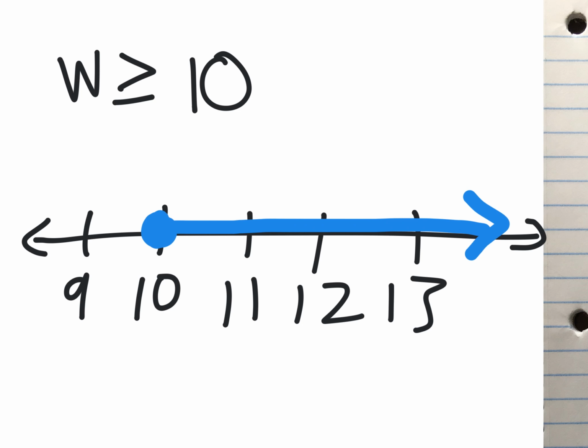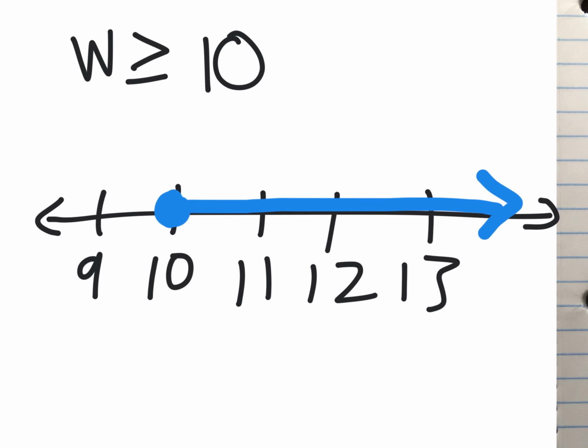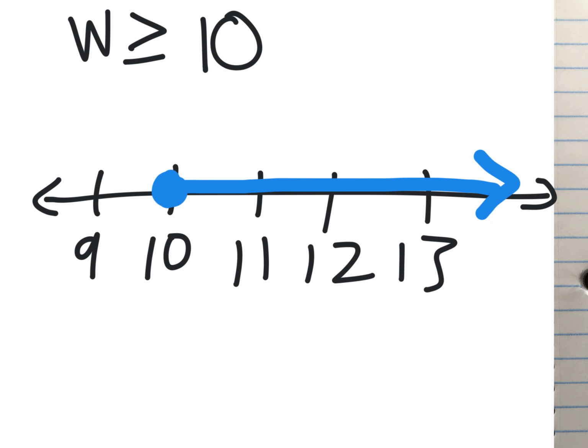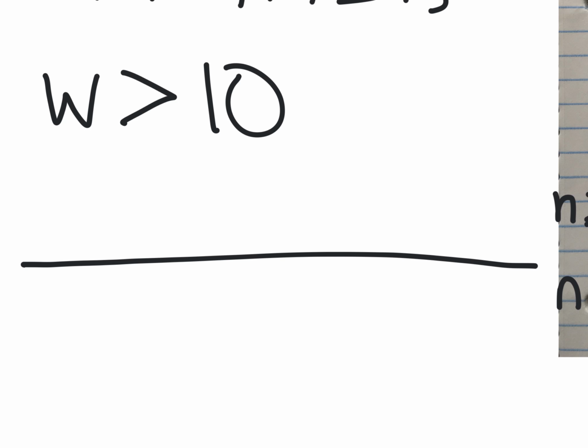Now, we have only done examples of full dots, so let me do one quick example of an empty dot. Let's say the policy at Wendy's was that it had to be more than 10 minutes. If the order came out right at 10 minutes, you still had to pay for it, but anything more than 10 minutes was free. So if the wait time was greater than 10 minutes, then you get it for free. Notice here that there is no equal to sign underneath it.